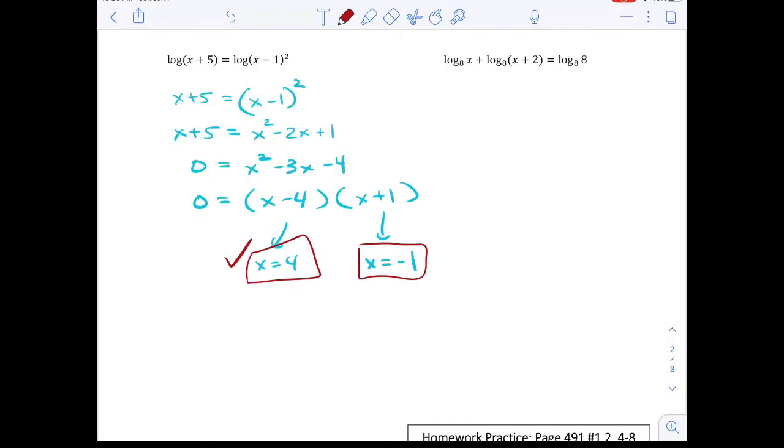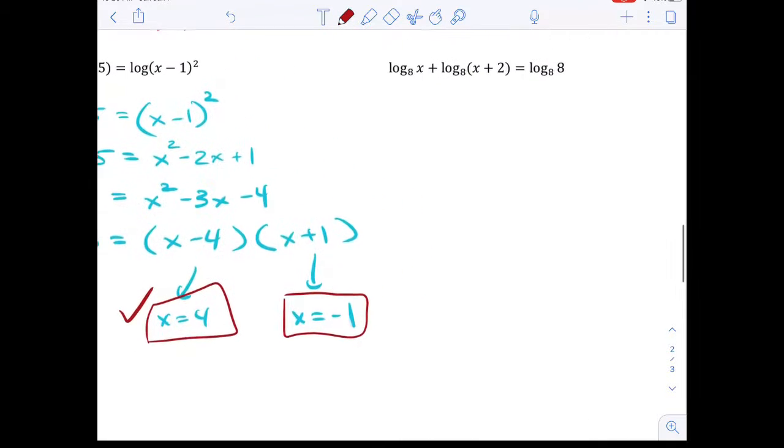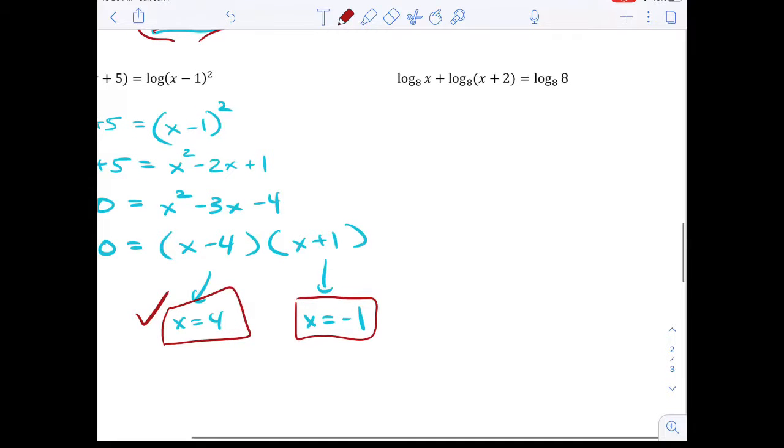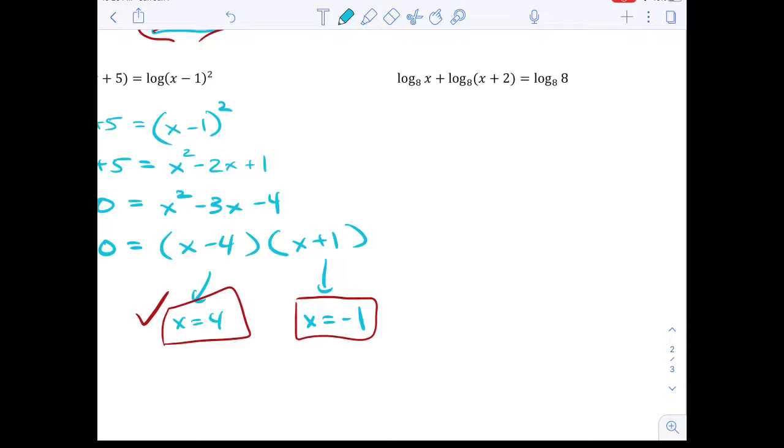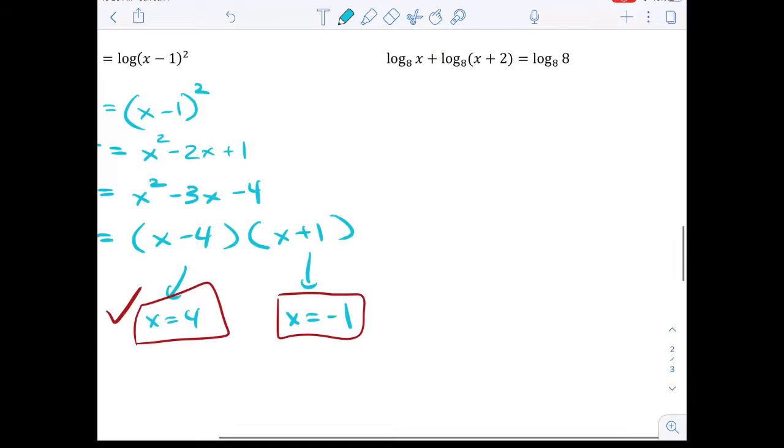All right, keep going. Last one here. We have multiple of these log 8s, but on the right side I see a multiplication happening here, or an addition, which means I can multiply those arguments.